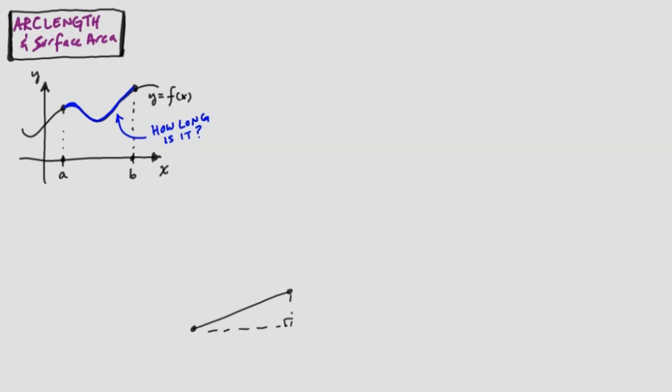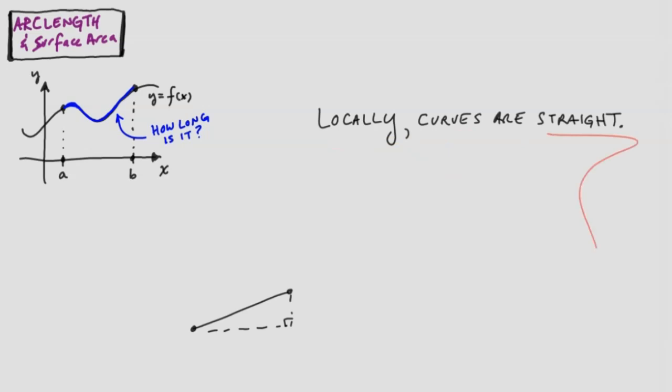Well, go back to first principles from Calculus 1. The key geometric insight that underpins all of calculus is that locally, meaning on an infinitesimal scale, curves are straight. Yes, with the usual caveats about corners and things like that. But this is the key insight that drives it all.